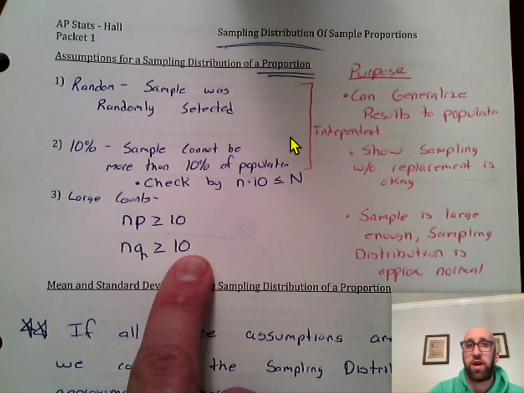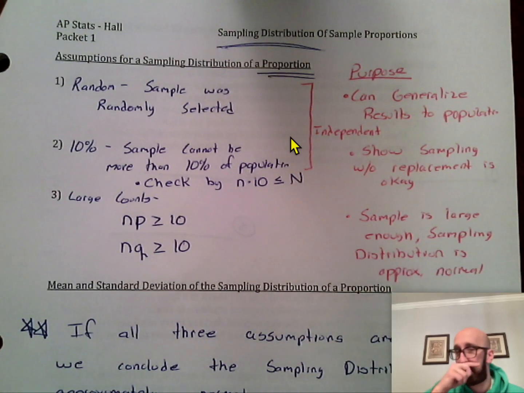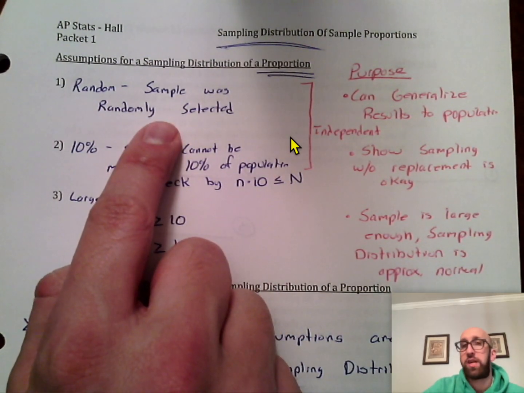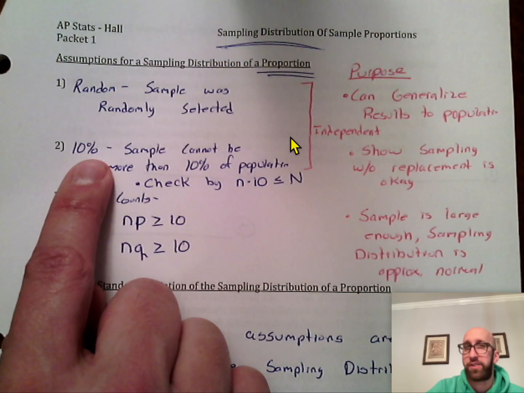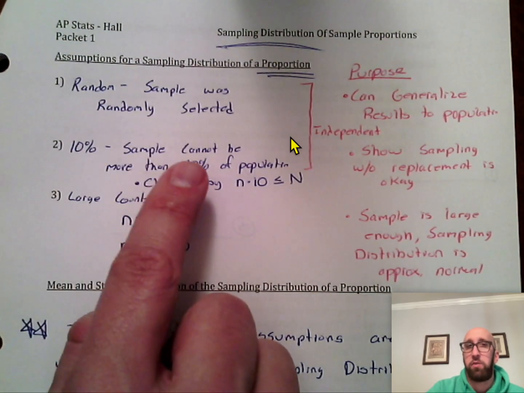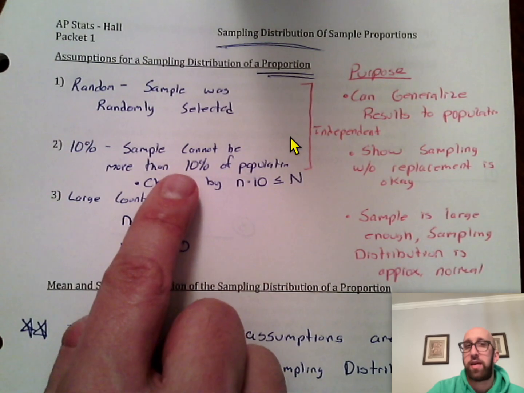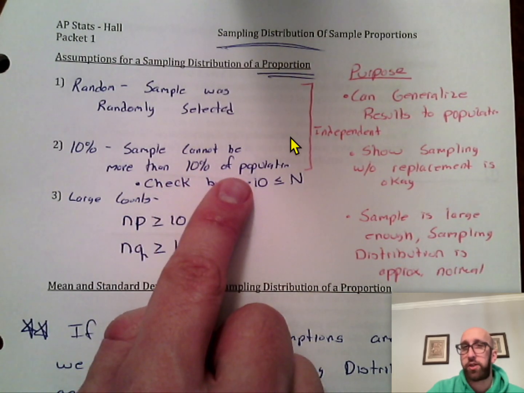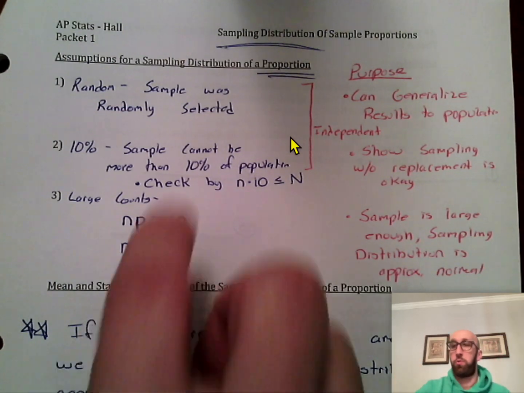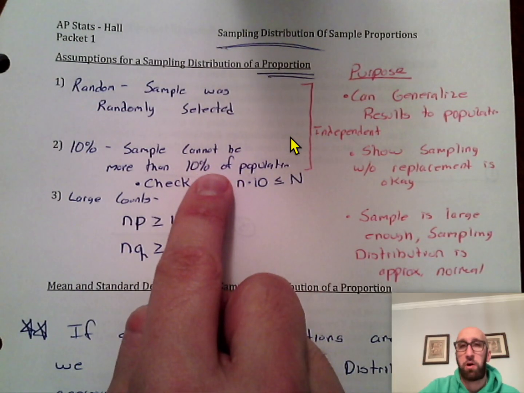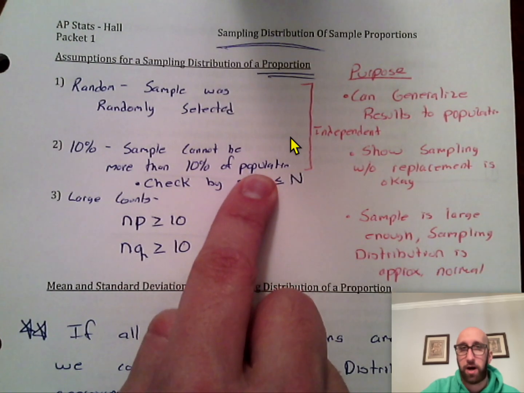So I'm going to talk about what they are over here and then their purpose behind them in red ink over there. So the first thing that you have to make sure is when you're selecting your sample, it has to be randomly selected. The second thing we do, and I just keep it simple, I call it the 10% condition here. You want to make sure your sample cannot be more than 10% of the population, okay? So if we have a massive population, we want to make sure our sample is smaller than 10% of that entire population.